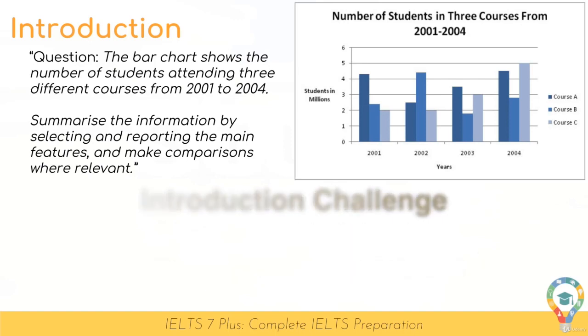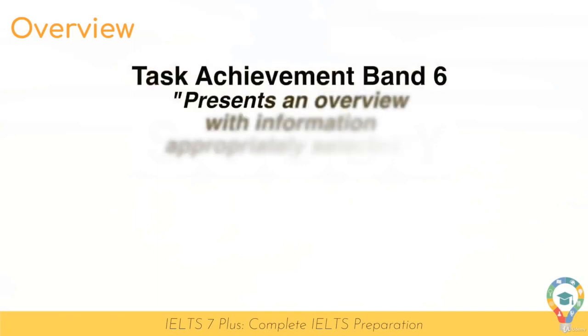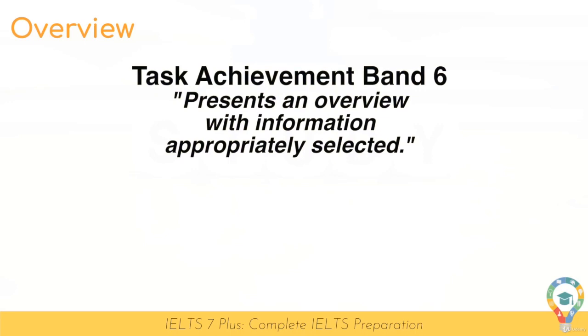Moving on to our next step, which is the overview. The first thing that we need to understand about the overview is that to score a Band 6, you must include one. The Band 6 Task Achievement Descriptor states, presents an overview with information appropriately selected.